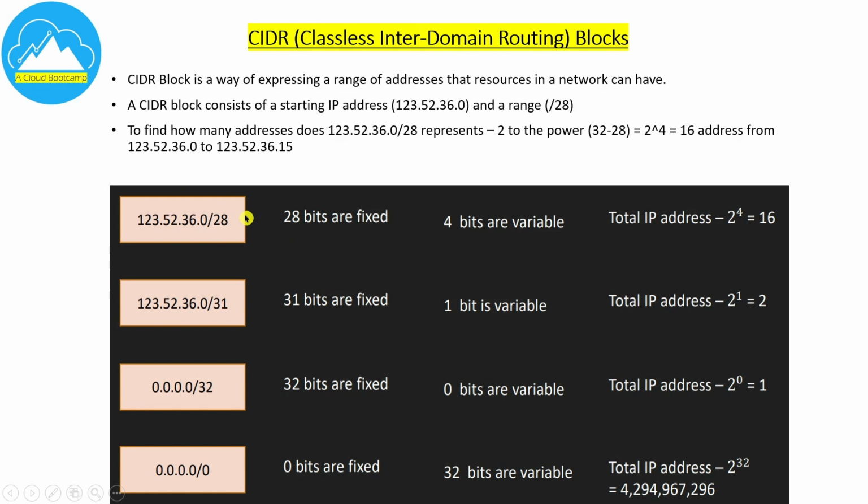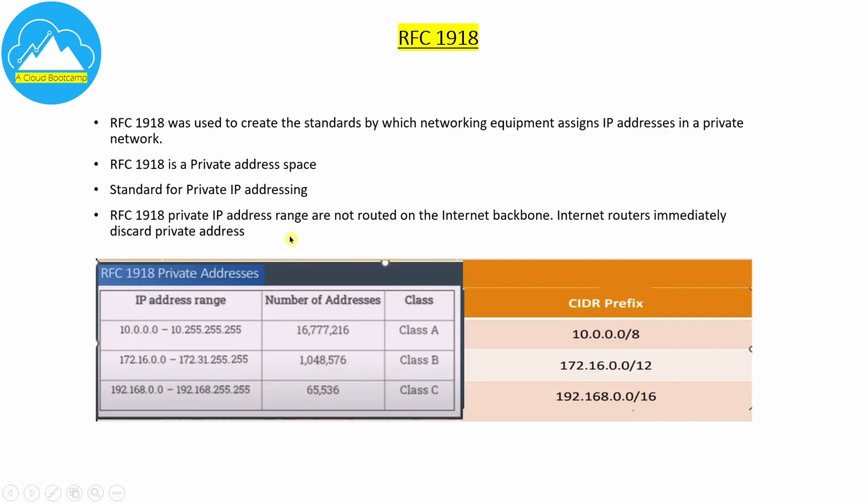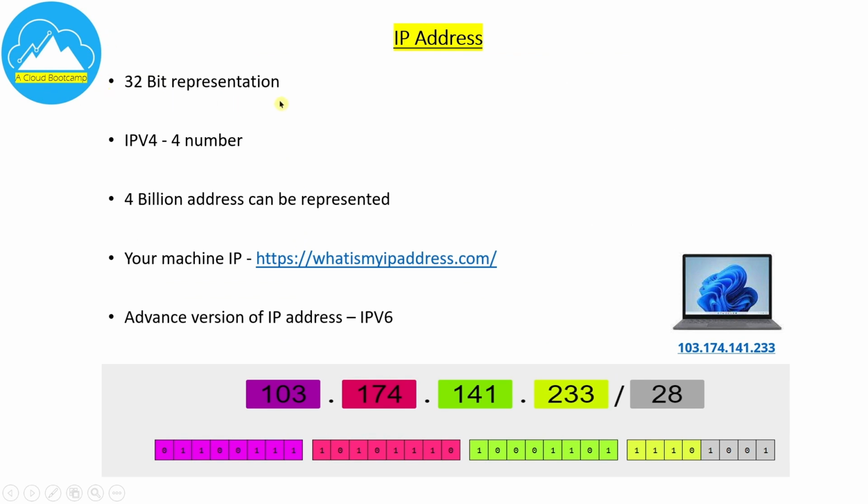And if you need to know how many IP addresses this CIDR block has, this is how you can calculate. This is just an IP range, 123.52.36.0 and /28 is the range, as I mentioned. So what this /28 means is that these 28 bits are fixed. And if you go back, I've mentioned that an IP address is a 32-bit representation.